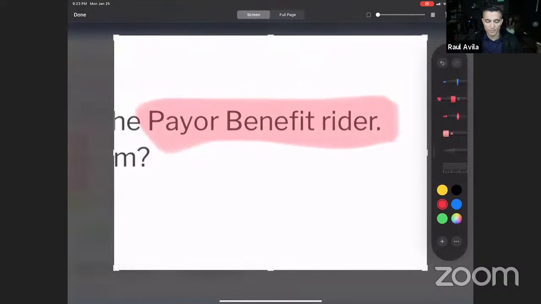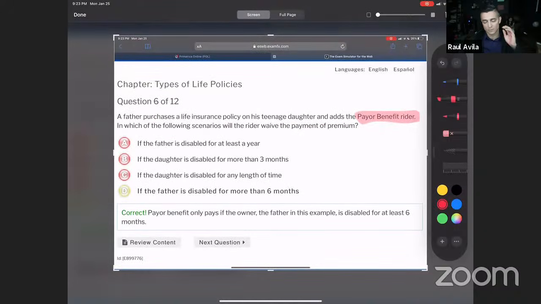Okay. Payor benefit rider. What is it? Payor benefit rider is exactly the answer. If the father becomes disabled for 6 months, then what's going to happen? The rider waives the payment of premiums. See that?